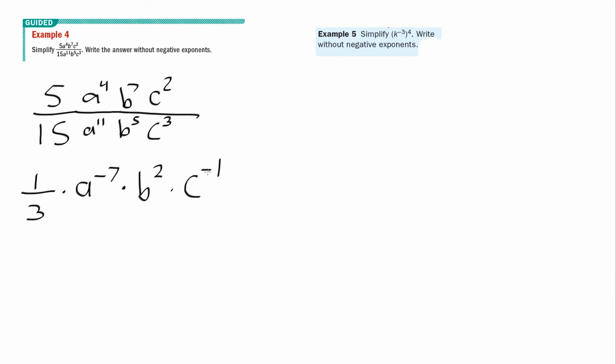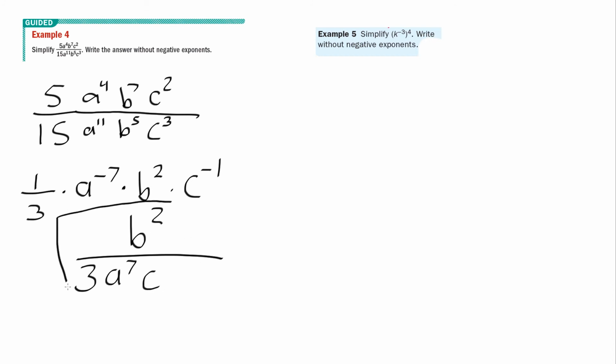So I've now got this as 1/3 times a to the -7 b squared c to the -1. I need to rewrite it without negative exponents. So I have a 3 in the denominator and a to the 7th. B squared is in the numerator, and c to the -1, which is just c to the first power, in the numerator. And I have now rewritten the expression without negative exponents.